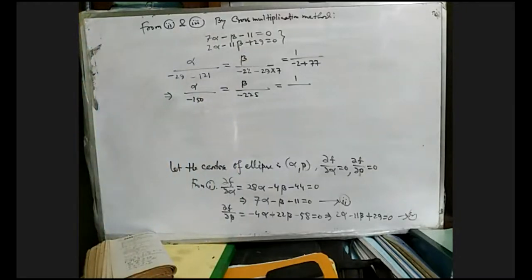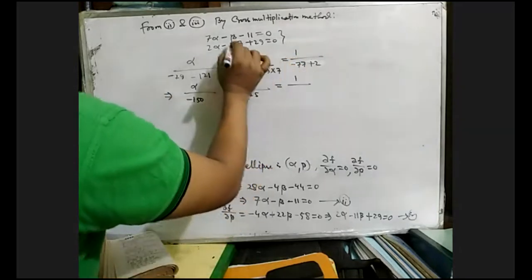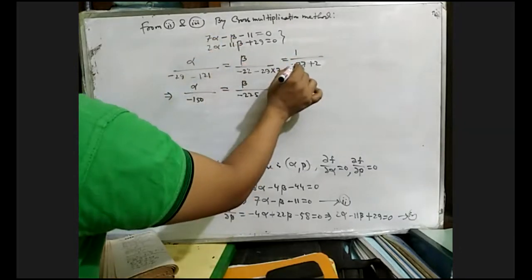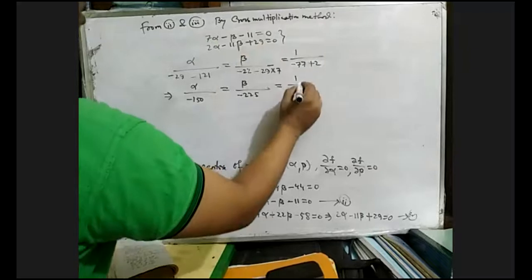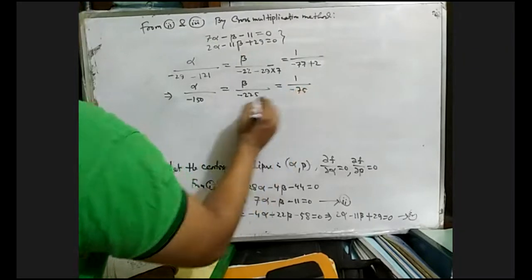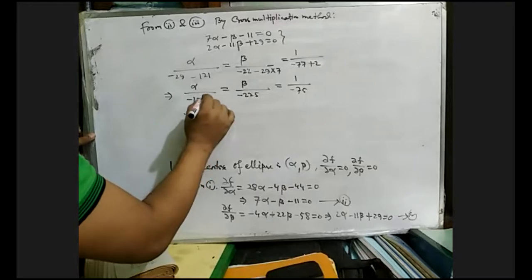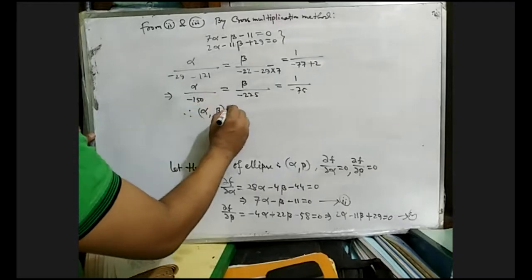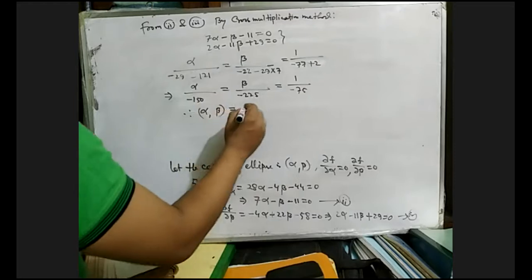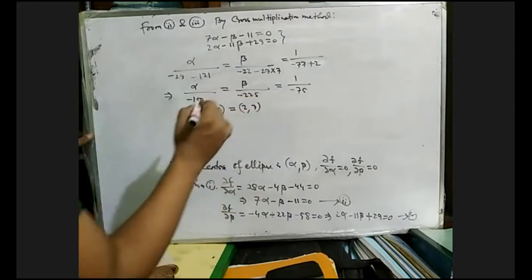So we get actually 77 minus 2, so we get minus 75. So from this, alpha comma beta equals to what? The center is actually 2 comma 3.